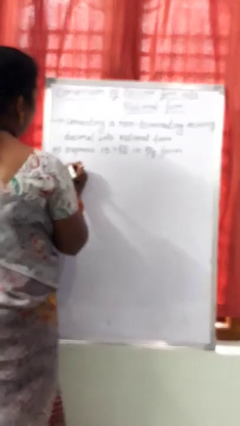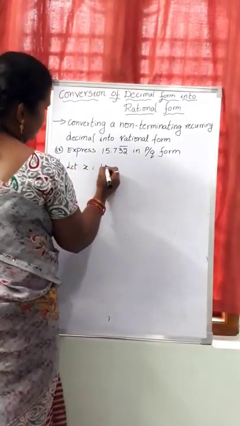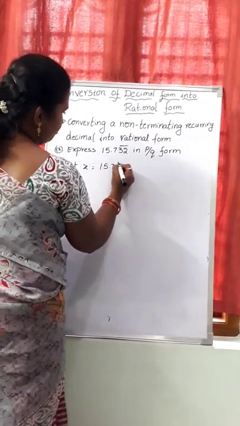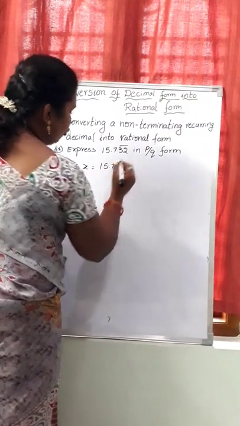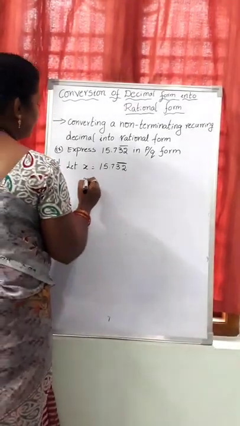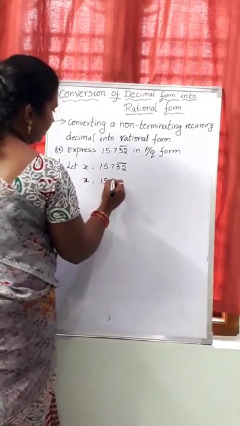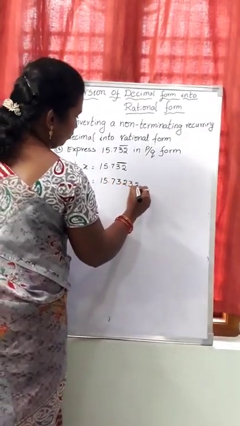So first of all, let the given number be x. Let x = 15.732 bar. Here bar means we know that only 3 2 is repeating. So write it in the expanded form: x = 15.73232 and so on.